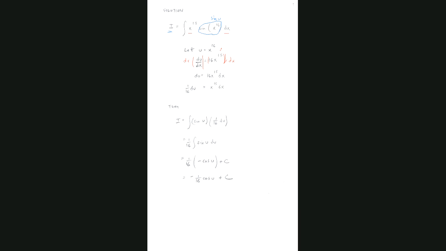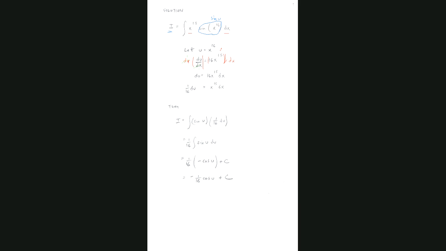Multiplying both sides by dx, of course, what happens is you'll get some simplification here on the left side. And so du is 16 times x to the 15th dx. But as one of you rightly noted, we want x to the 15th times dx.